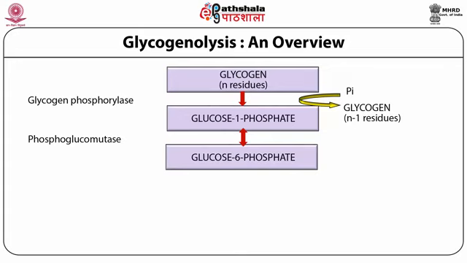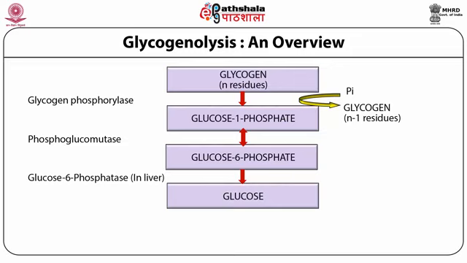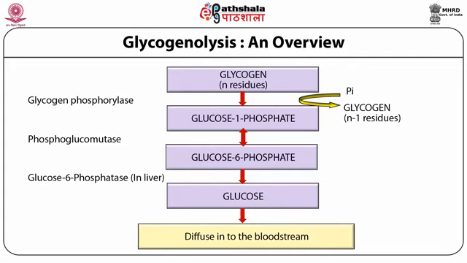This glucose 6-phosphate is converted into glucose. This takes place in the liver with the help of the enzyme glucose 6-phosphatase. This glucose ultimately diffuses into the bloodstream. The glycogen stored in the skeletal muscle tissue is available only for muscular activities, while liver glycogen takes up the charge of energy supply for the rest of the body.